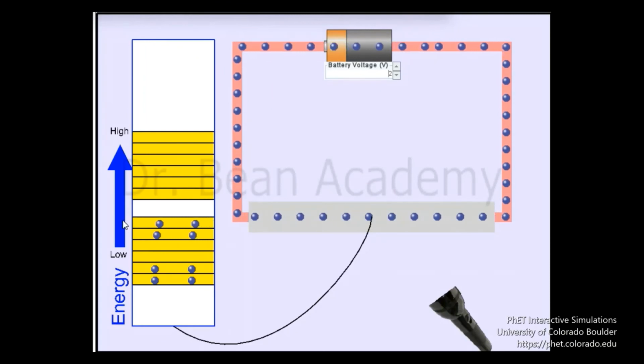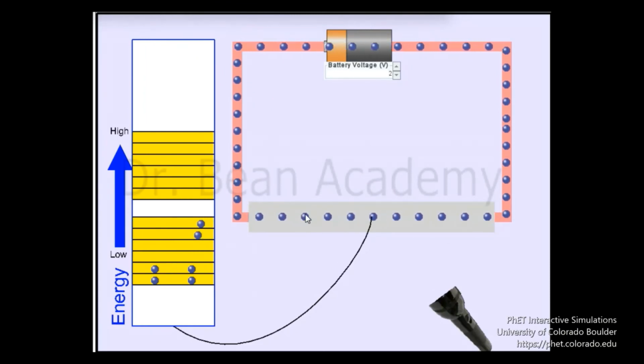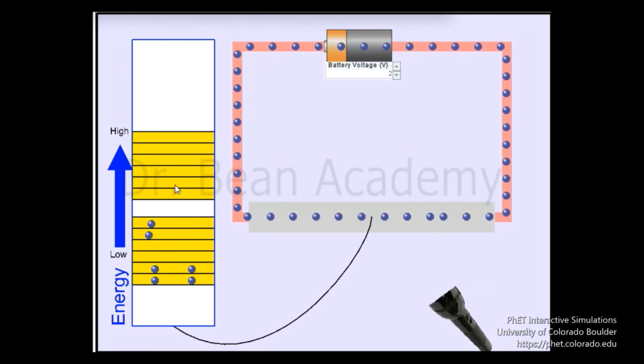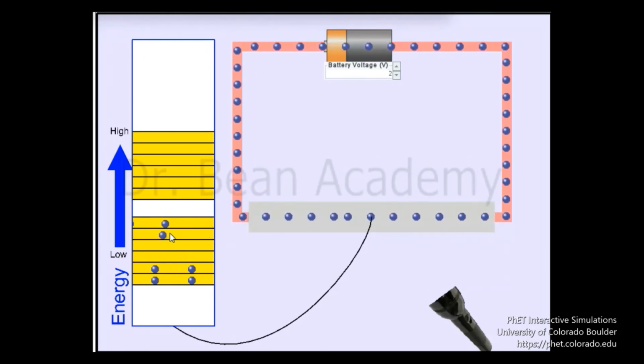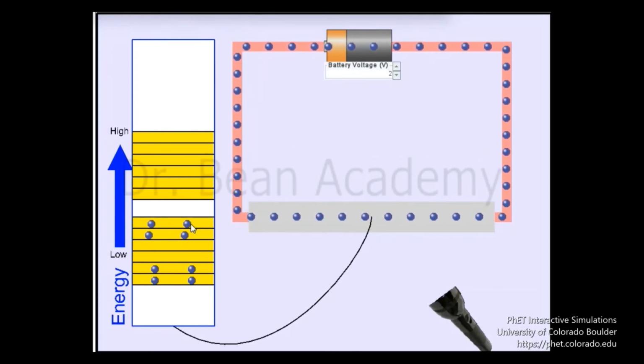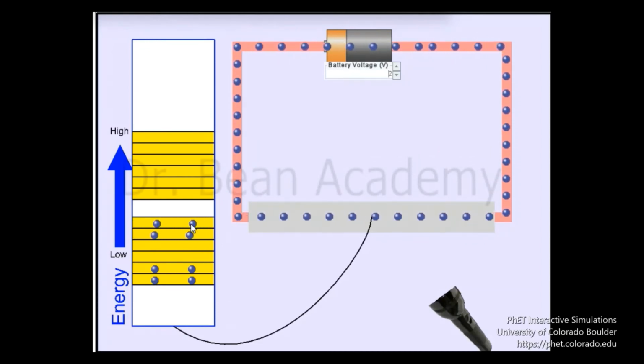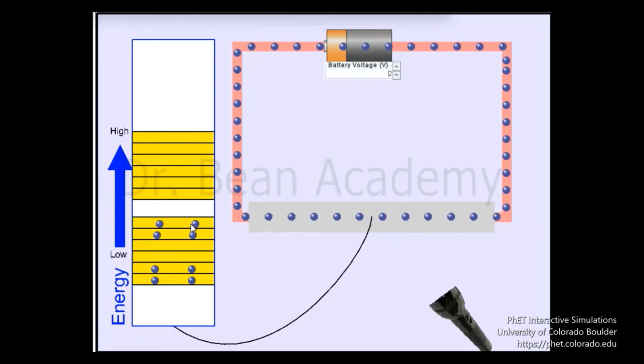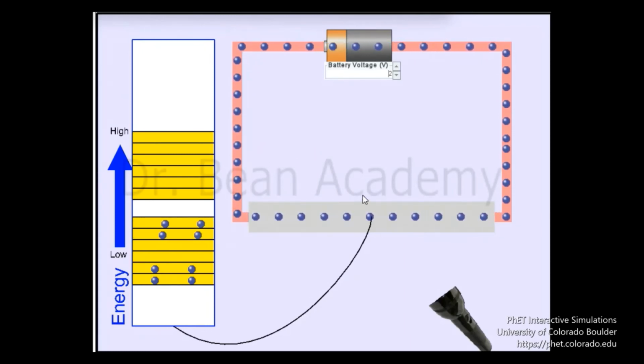Now you see that they are flowing through the material and current is flowing in the circuit. So this is the behavior of a metal. Conduction and valence bands are almost overlapping, and electrons are flowing in the material because they have jumped up to the edge of the valence shell where they can just leave the atom and flow in the material.